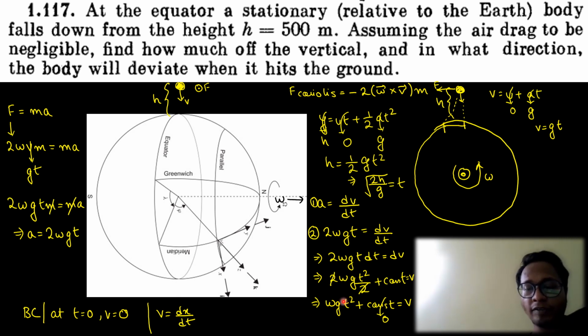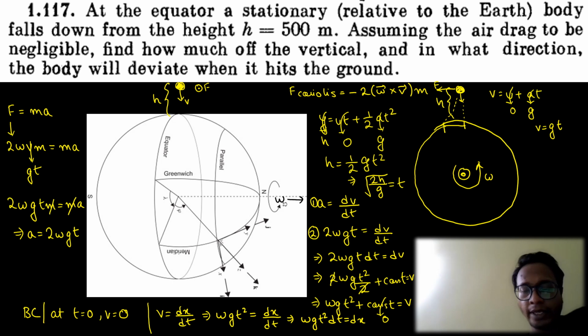What is this component of velocity? v is nothing but omega gt square, which is equal to dx by dt. dx is nothing but the elemental distance in this direction. If we integrate this, omega gt square into dt is equal to dx.